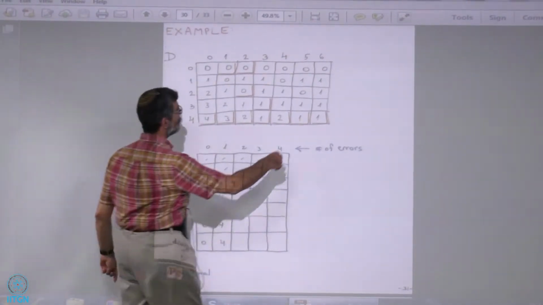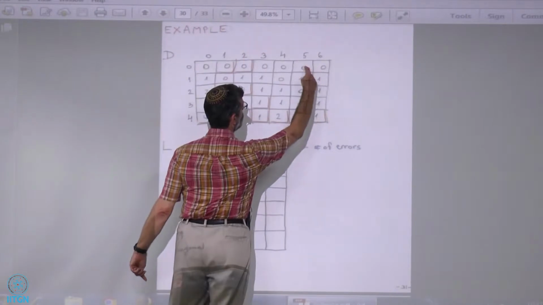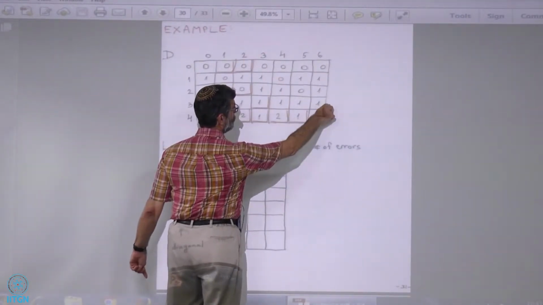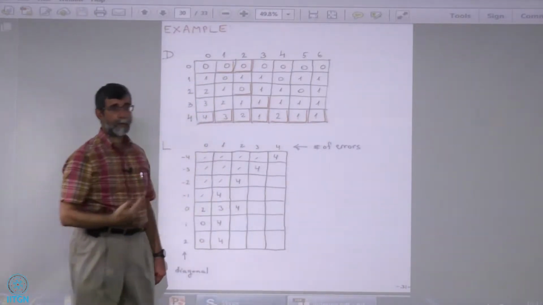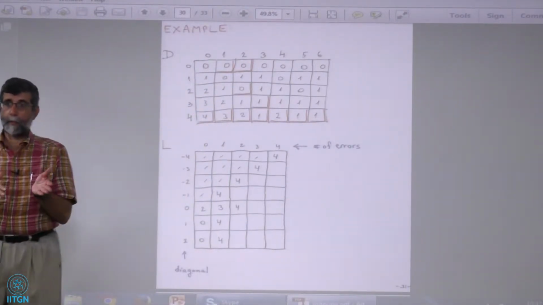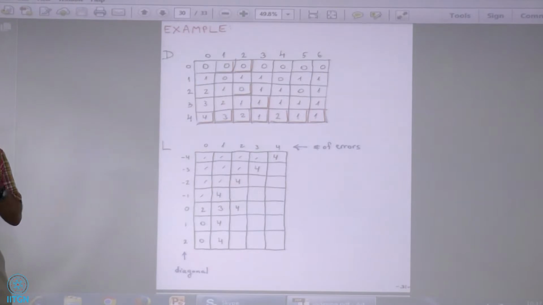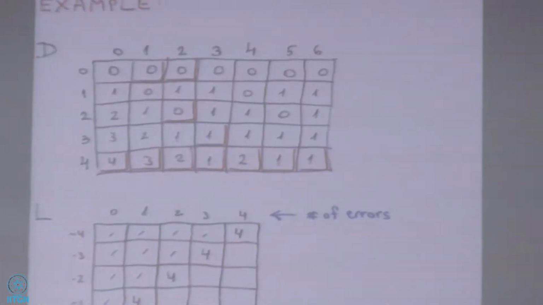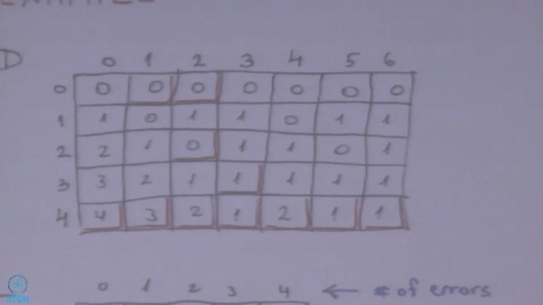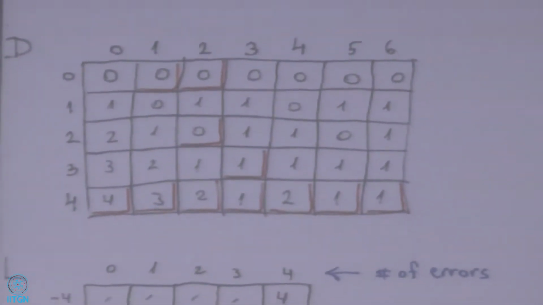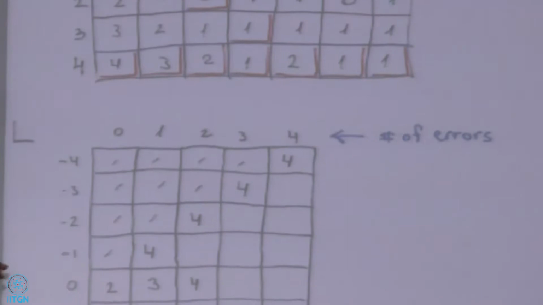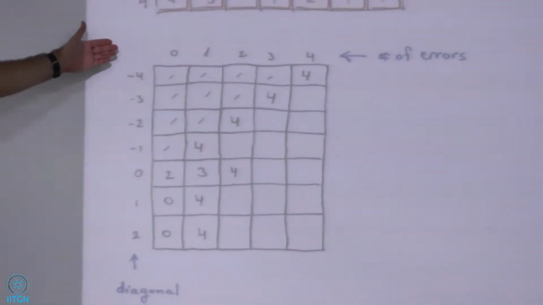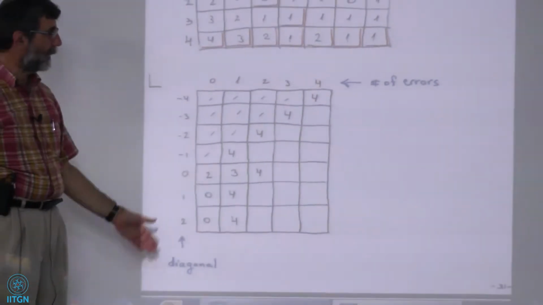The other diagonals don't end in the last row, so they don't interest us. We only care about diagonals that end in the last row because that's the number of errors that we're going to allow ourselves. So the diagonals are 0, 1, 2, and then minus 1, minus 2, minus 3, minus 4. Clearly, what you have here is O of n.